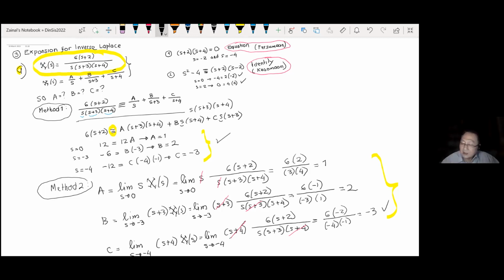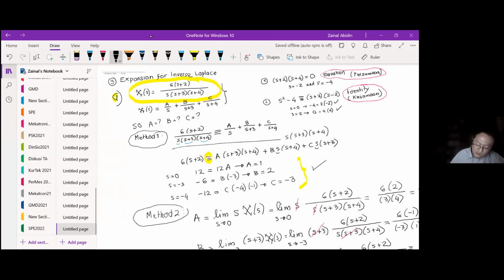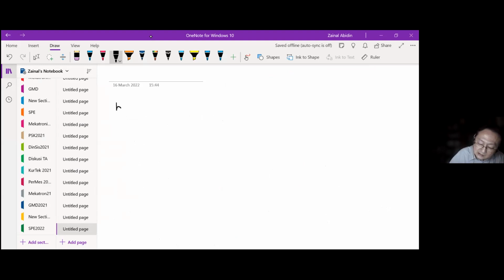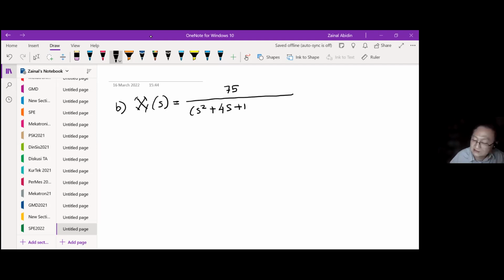Now how about B? Can you do this one, B? Xs is equal to, look, 75 divided by s squared plus 4s plus 13 multiplied by s plus 6.